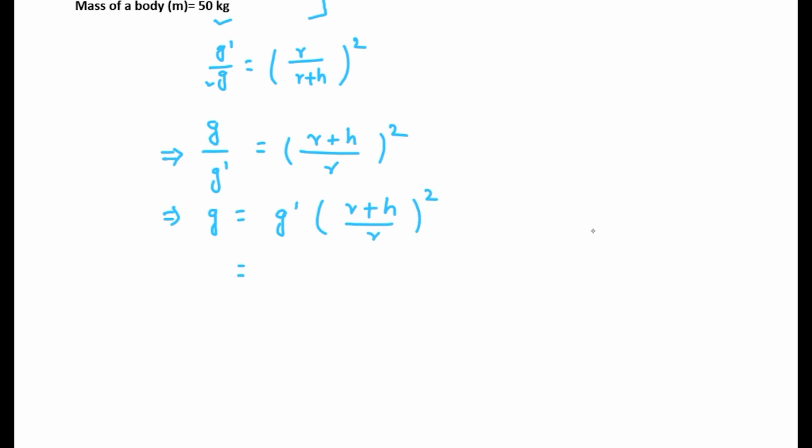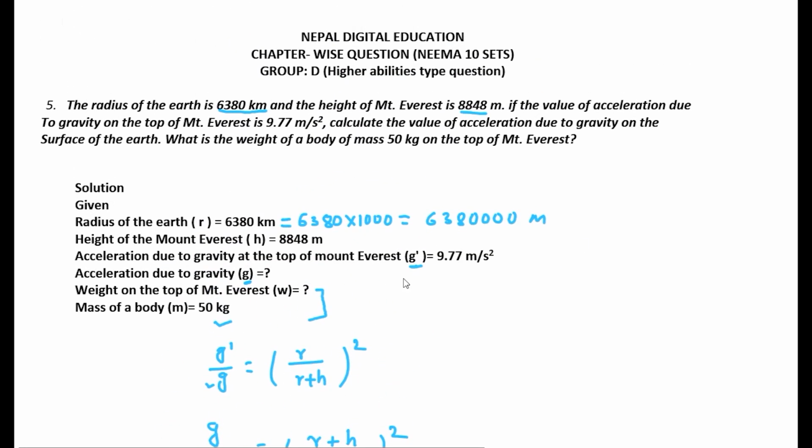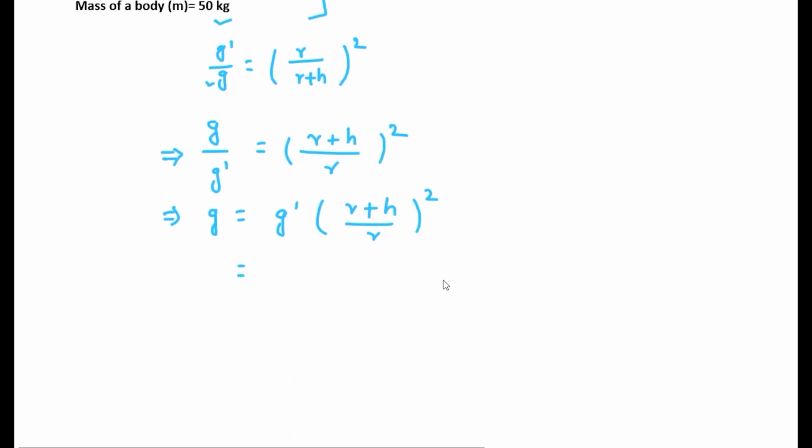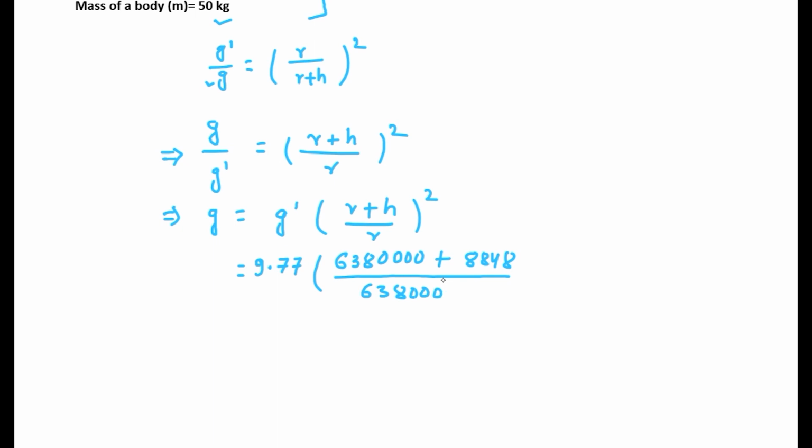Then the value of g dash is given, 9.77. So g dash is 9.77, and the radius is given 6380000 plus height is given 8848, and the radius is 6380000, here whole square.